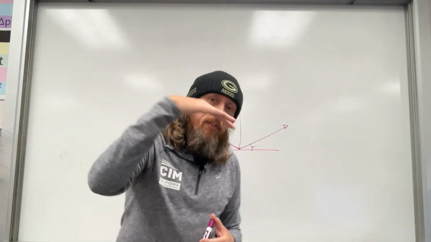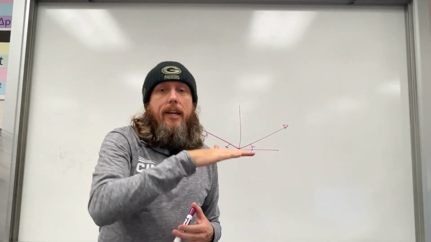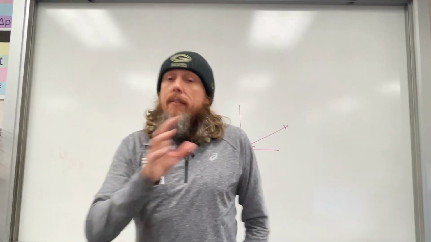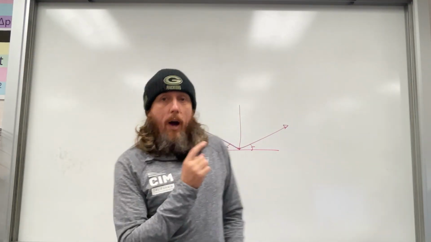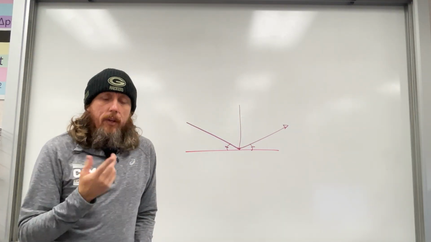So whatever angle comes down and hits the surface is going to bounce off at the exact same angle. Now, kind of an interesting side note on this. Why is this true?